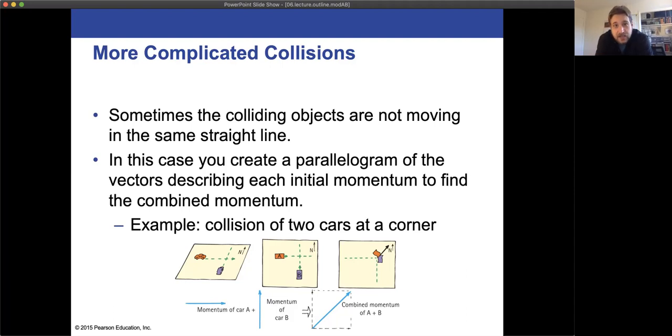And when they collide, the vector sum of the two momenta before and after needs to be the same. But if they fuse together, the only way we can have upness and rightness is if they go diagonally up and to the right. And it's the combination of these vector pieces, these vector components. We talked about the parallelogram method to combine vectors like this. And we'll have to chase down that analysis of how these two things at right angles combine to make a hypotenuse.